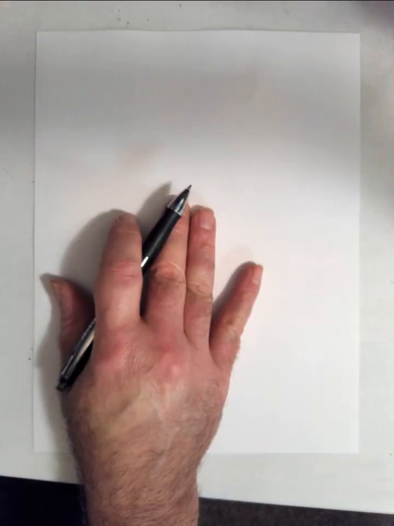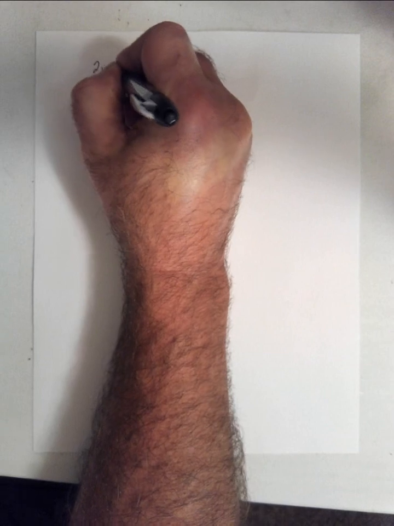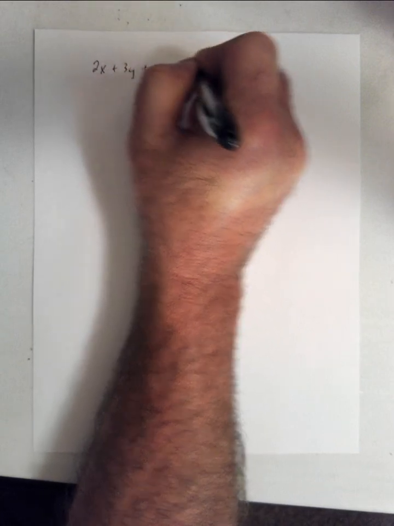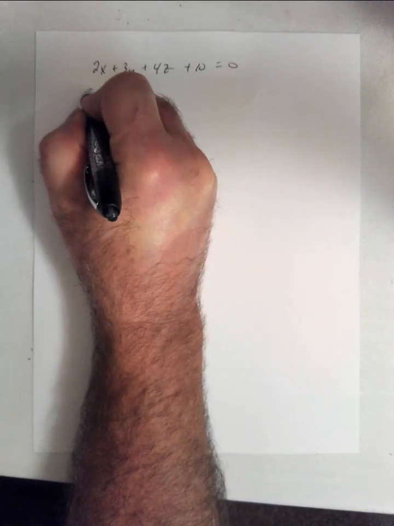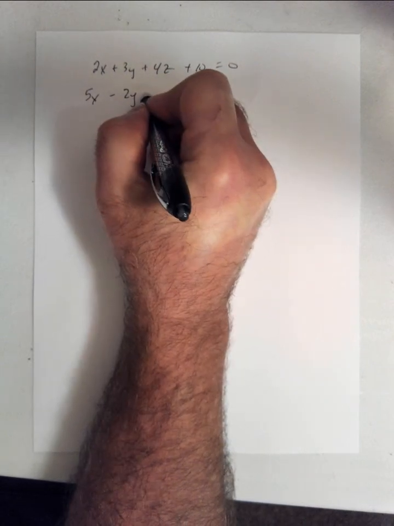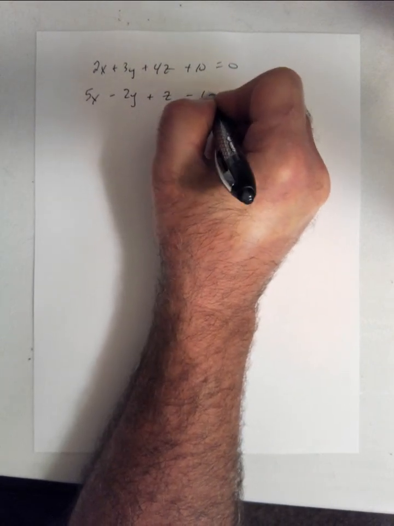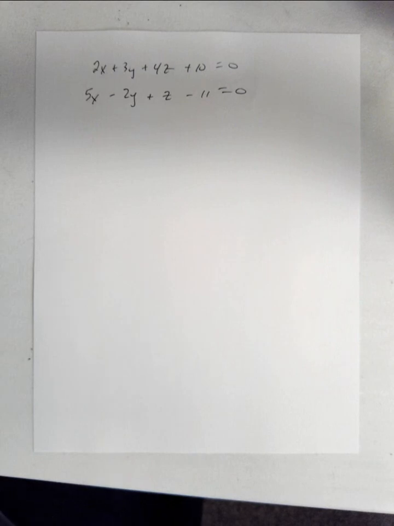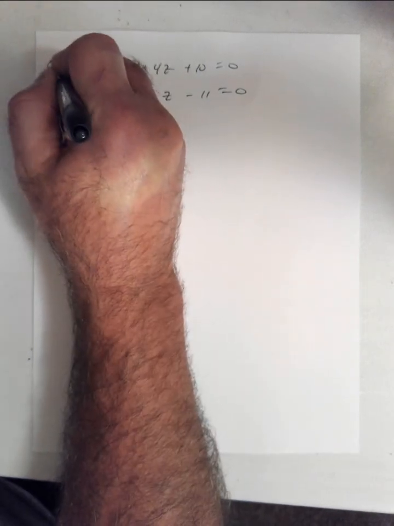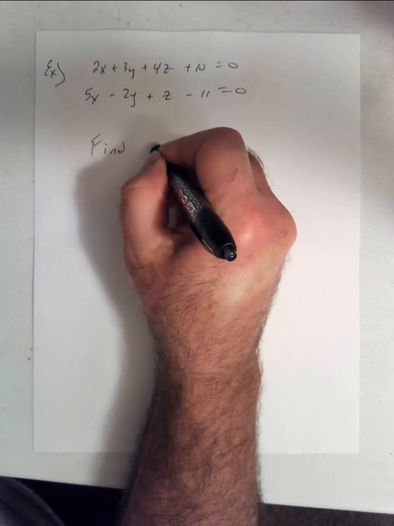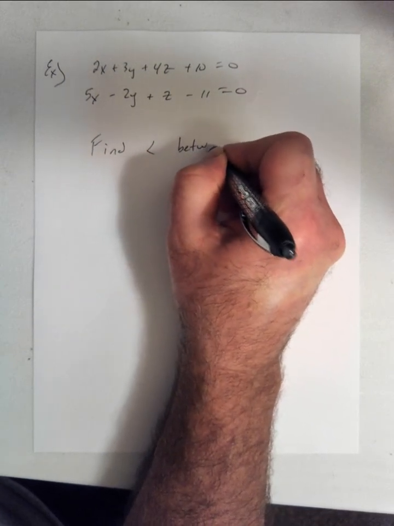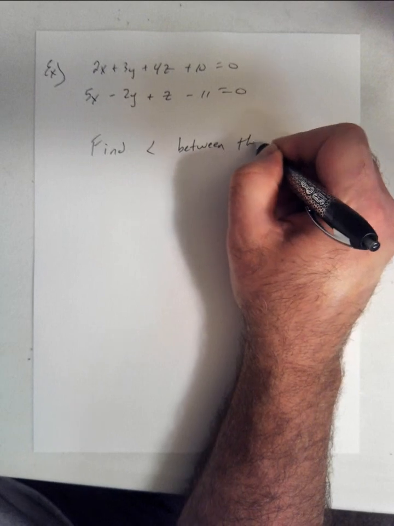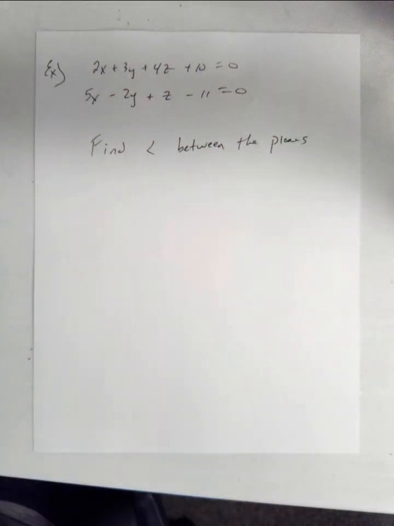So if I give you 2 plane equations, so let's say 2x plus 3y plus 4z plus 10 equals 0, 5x minus 2y plus z minus 11 equals 0. I give you 2 equations for planes, and you want to find the angle between them. What do we do?